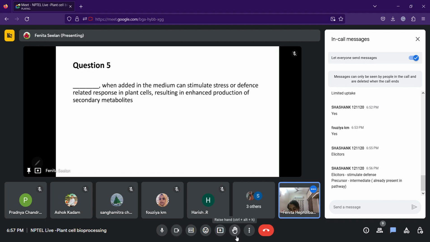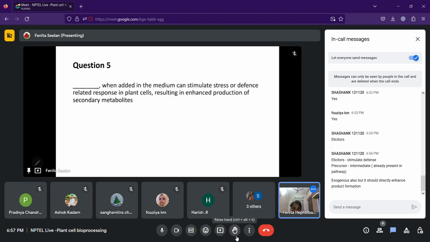It can be derived from the plant or already produced in the same plant system, or exogenous also, but it should directly enhance product formation. Yes. So likewise in your elicitors, precursors also there are endogenous and exogenous precursors.